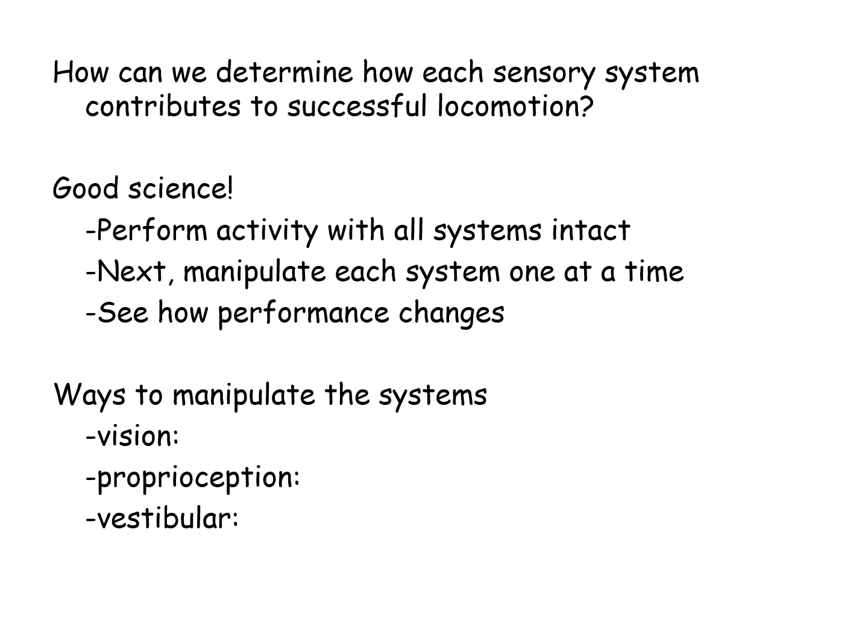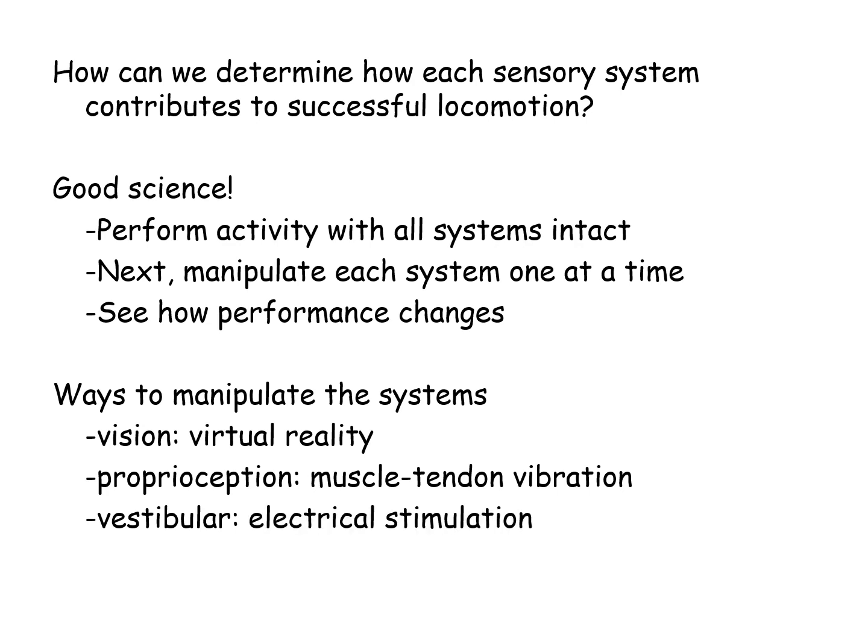So we're slowly manipulating one of these systems to see if there's any damage or any impairment in one of those. So that's how we manipulate these systems. For vision, we can use virtual reality or the SOT. Proprioception, we can use muscle tendon vibration. For the vestibular system, we can use electrical stimulation as well. There's lots of tools we can use. So keep these in mind for possibly an essay question on the final.